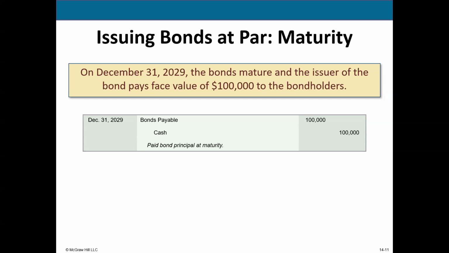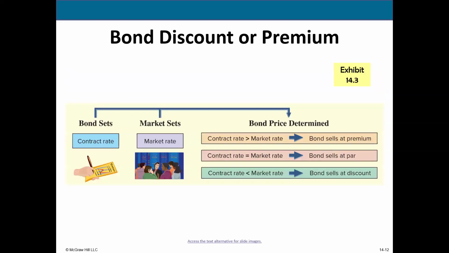Now, bonds can also be bought and sold at what we call a discount rate or a premium rate. Just as the name implies, a discount means that the stated interest rate or contract rate is below the market rate.